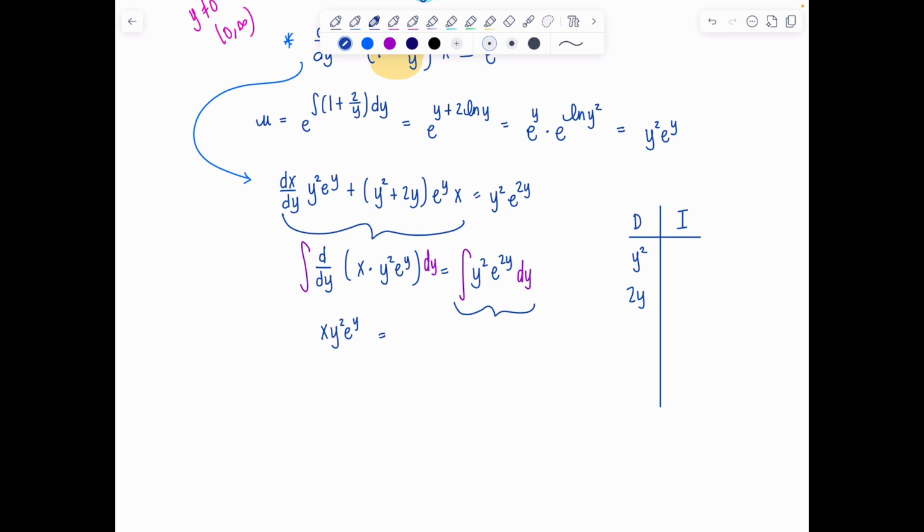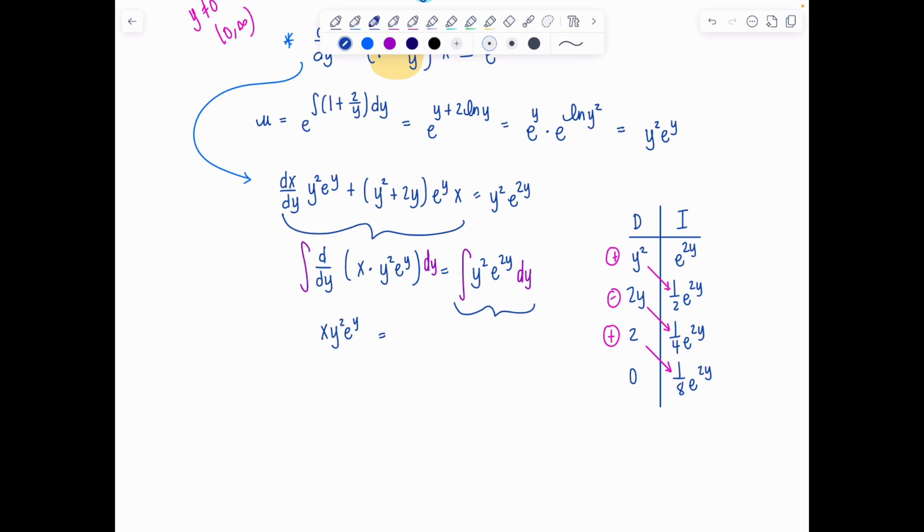So put the polynomial function in the column that you differentiate, y squared, 2y, keep going till you get 0, and then e to the 2y is the one we're going to keep integrating. So 1/2 e to the 2y, 1/4 e to the 2y, 1/8 e to the 2y, then you take products on the diagonal, and then the signs alternate, so add plus, minus, plus, and that'll be it.